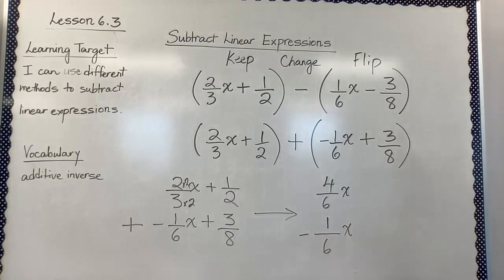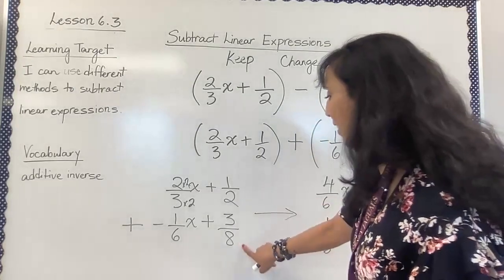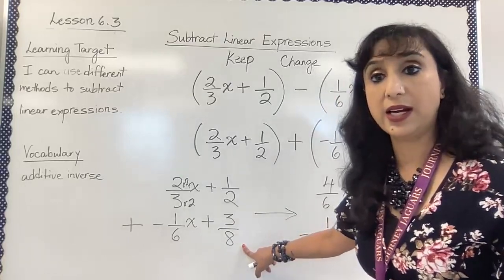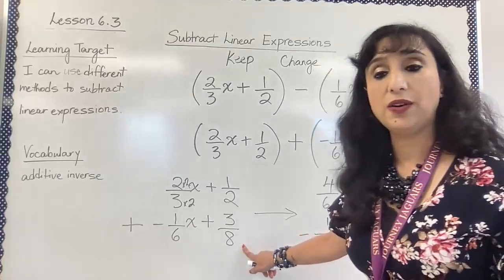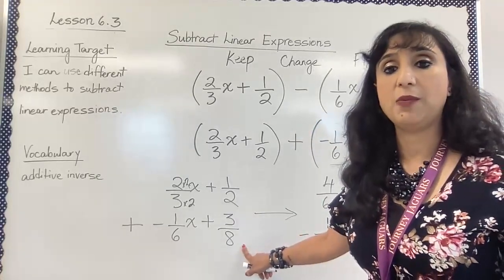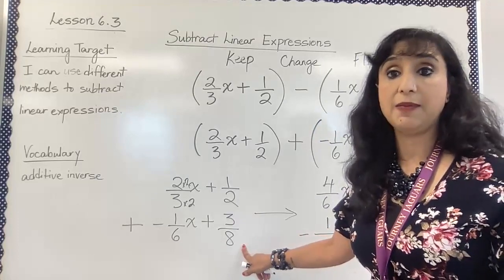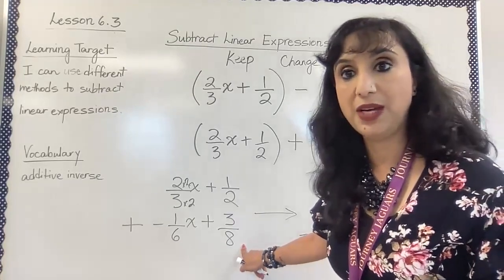Then we do the same thing with the constants. We look at 2 and 8, and I know that these are unlike denominators. In order to find the least common denominator, I can see that it is going to be 8.